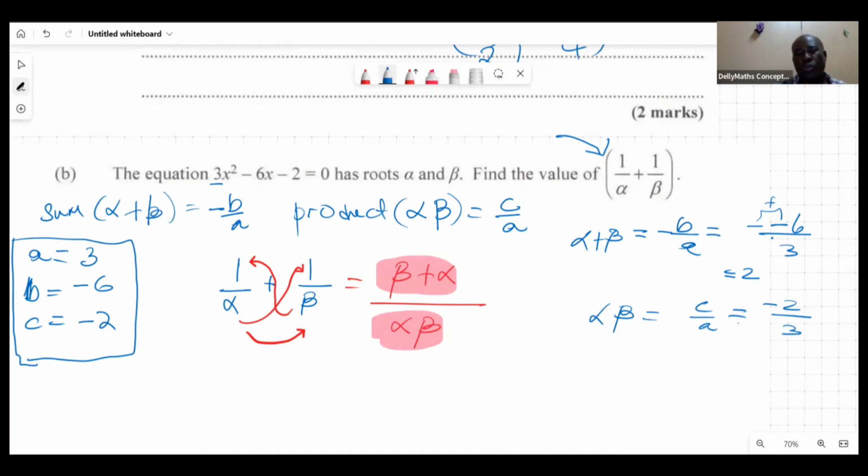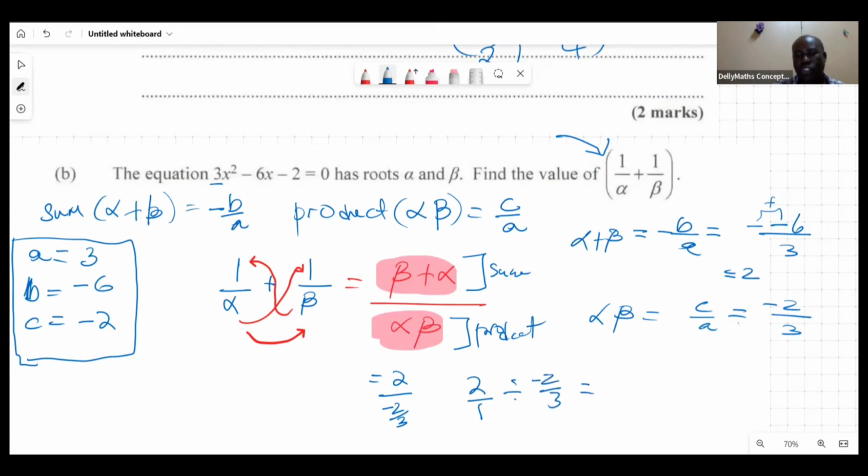Now, what we want to do is substitute, very simply. So I'm going to put the sum up here, which is 2. So I'm going to have 2 at the top, and the 2 must be divided by -2/3, because it's the sum at the top, and then I see the product at the bottom. So we substitute the values for that. This is simply 2 over 1 divided by -2/3.